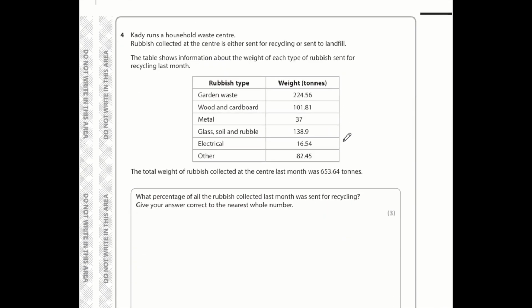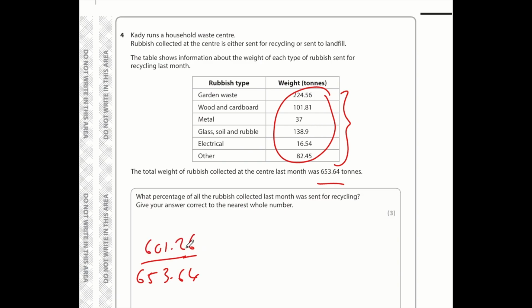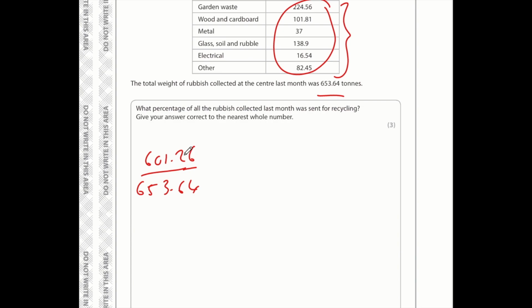Question number 4. So out of the total 653.64 tonnes, how much was recycled? So what we need to do is just add up these values here, and if we add up all of these values together, we get 601.26. So we've got a funny fraction. It's only a funny fraction because we've got decimals involved.